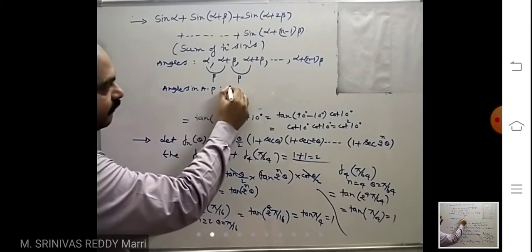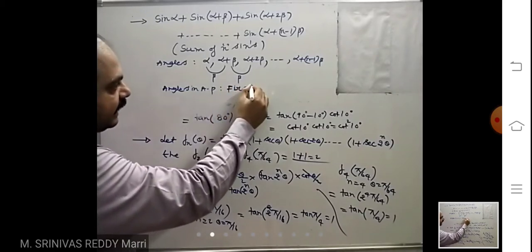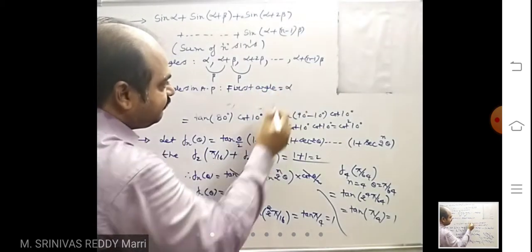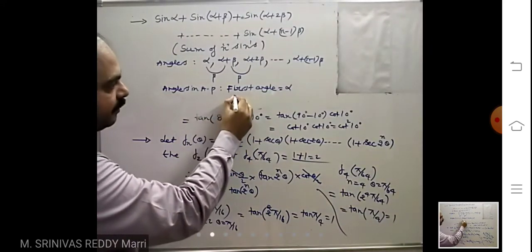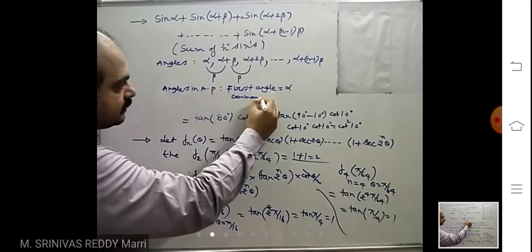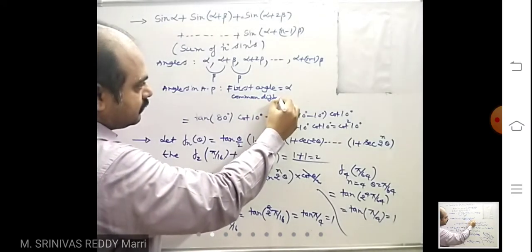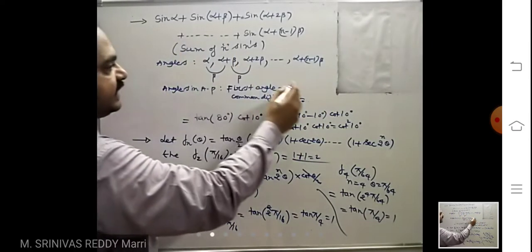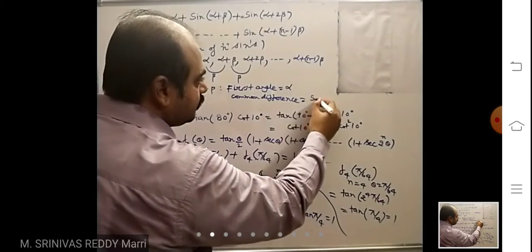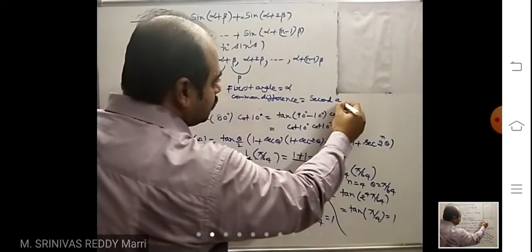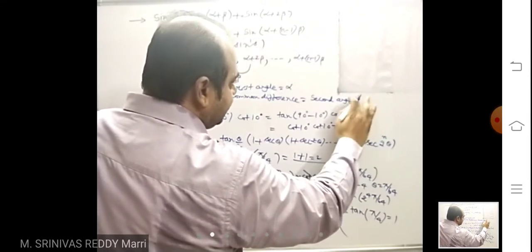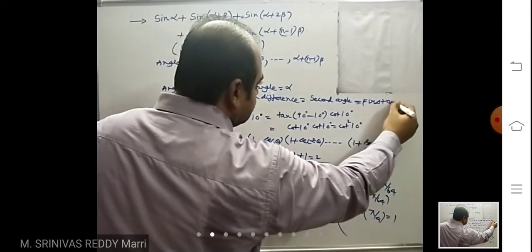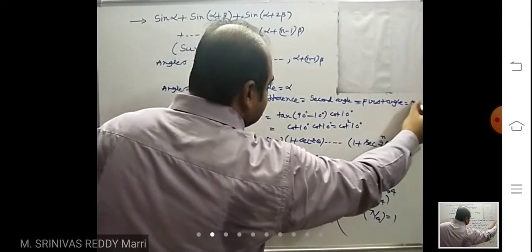So here the first angle is alpha. The first term in AP is alpha. The common difference is the second angle minus the first angle, which is beta.